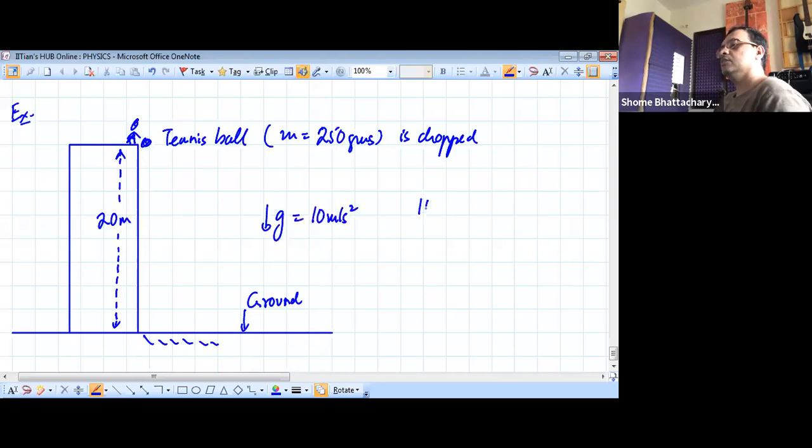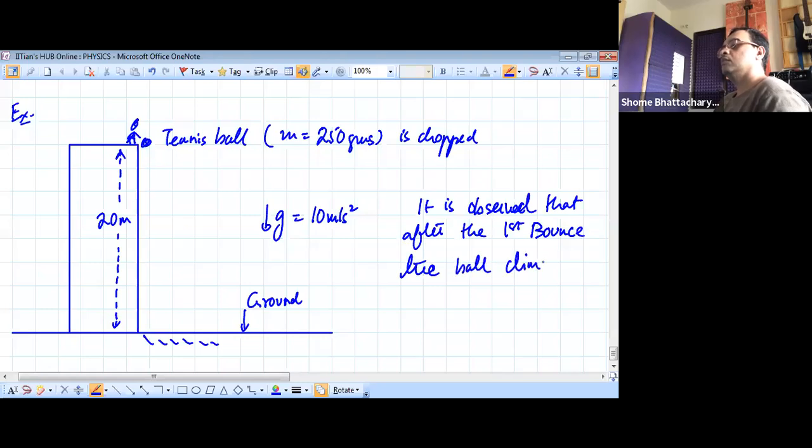Now it is observed that after the first bounce, the ball climbs to a maximum height of, let us say, 15 meters.